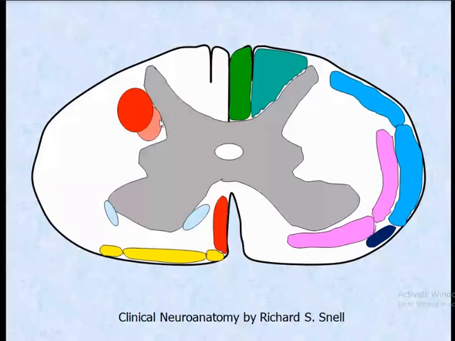Okay. Then this one. Label the pointed structure. Tectospinal. Okay. Then lateral to that one.